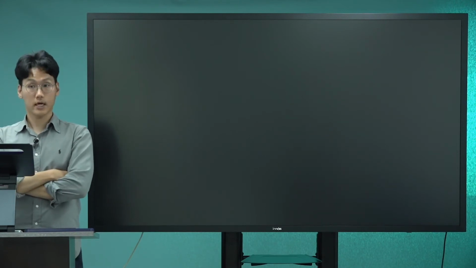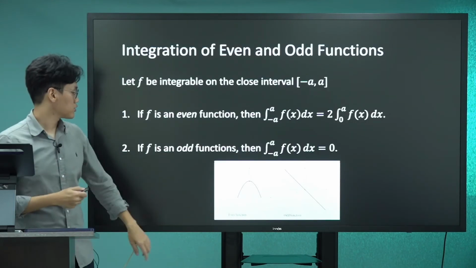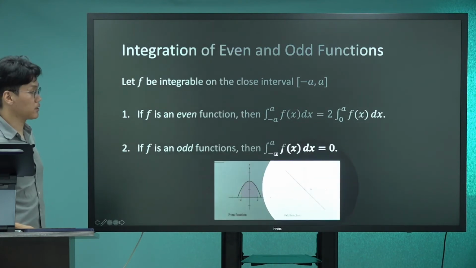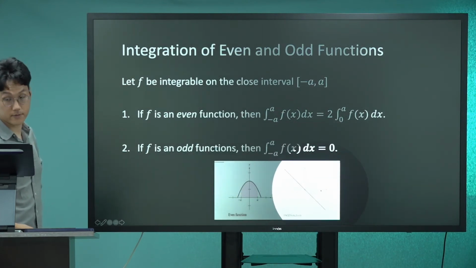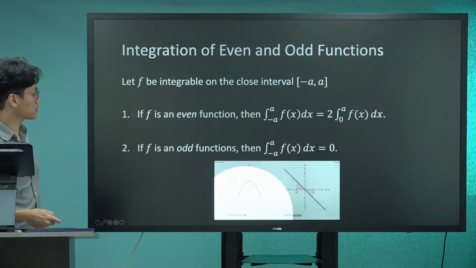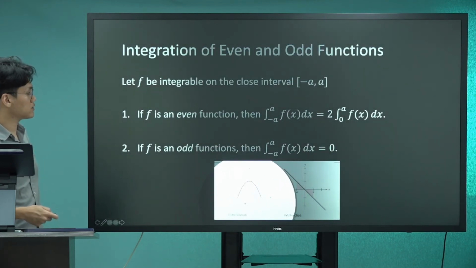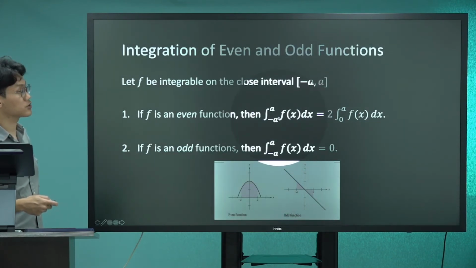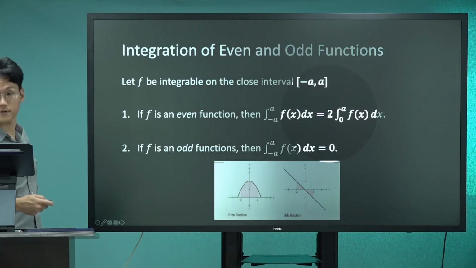Yes. To be more precise, it's symmetric by which axis? Y-axis. So as you can see, this is the typical example of even, and the symmetry by the origin is the odd function, right? And if you look at the integral here, left and right, what is it? They are the same, isn't it? So for an even function, when we integrate from negative a to a, which is a symmetry, we just do the half, right?